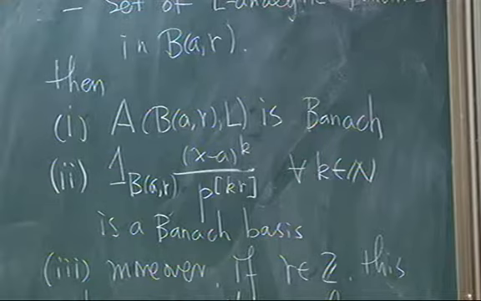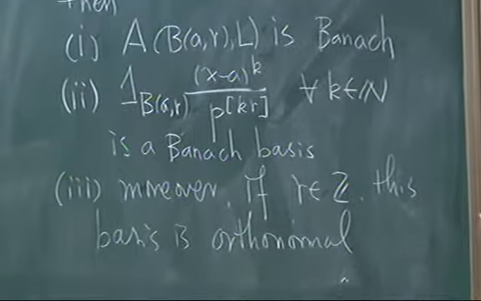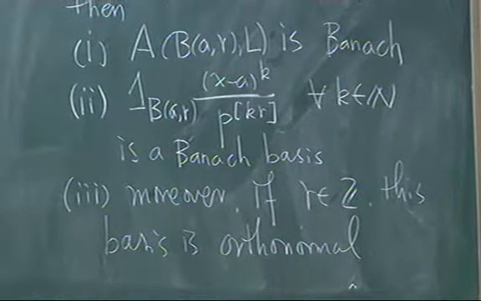Now we can state a proposition. The first proposition is: if f_1 and f_2 are both contained in this A(B(a, r), L), then the product is also there.